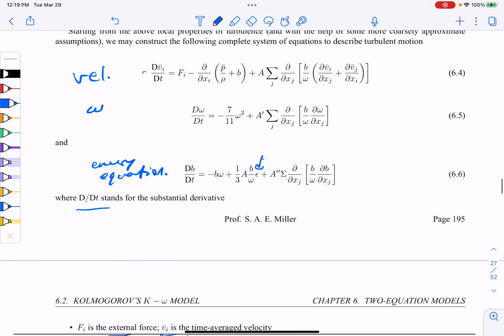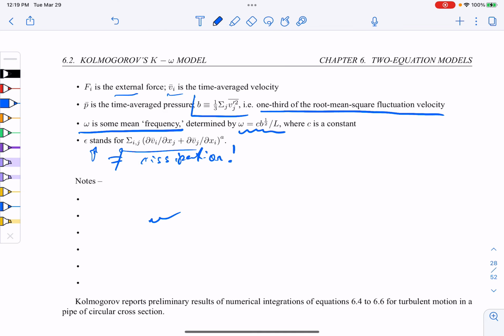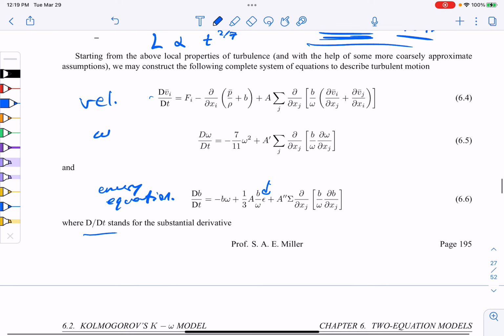So let's just take a look at these. What do we have in here? Instead of writing notes down here, you can make your notes here, but I'm going to look at the equations. We'll note that there are some unknown constants. There's A, maybe we'll highlight them, there's A prime, A double prime. Those are some I see, and they must be determined somehow.